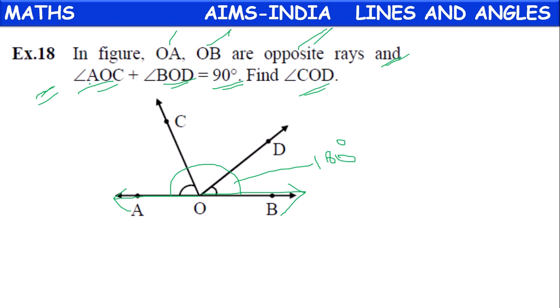So they have given AOC, suppose it is X, BOD, suppose it is Y, X plus Y, they have given 90 degrees. Then COD how much? Suppose it is Z, then what is the value of Z?